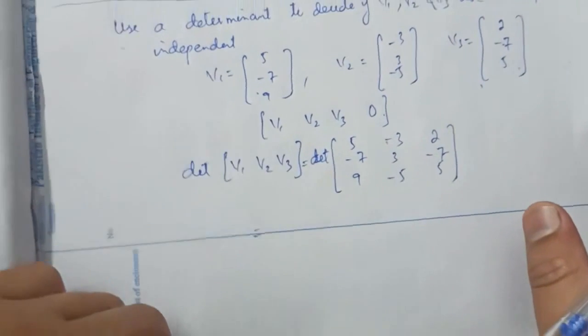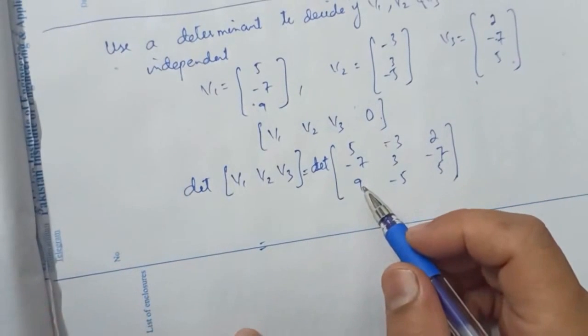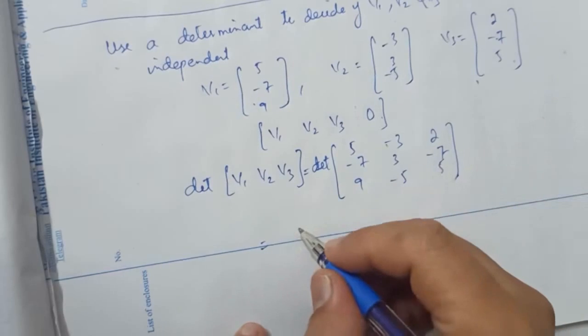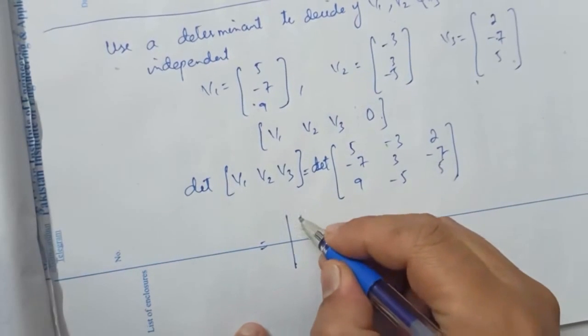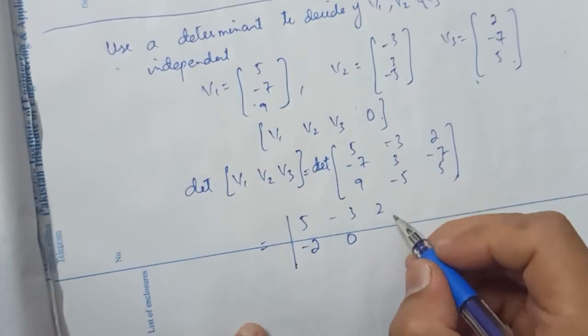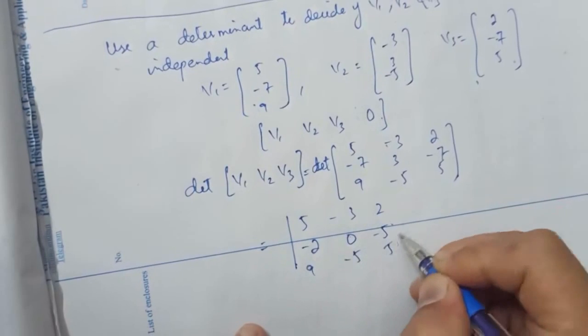If I do that, I can do some row operations in which I add row 1 to row 2, so that it becomes 5, minus 3, 2; minus 2, 0, and then minus 5, 9 and minus 5, 5, right?